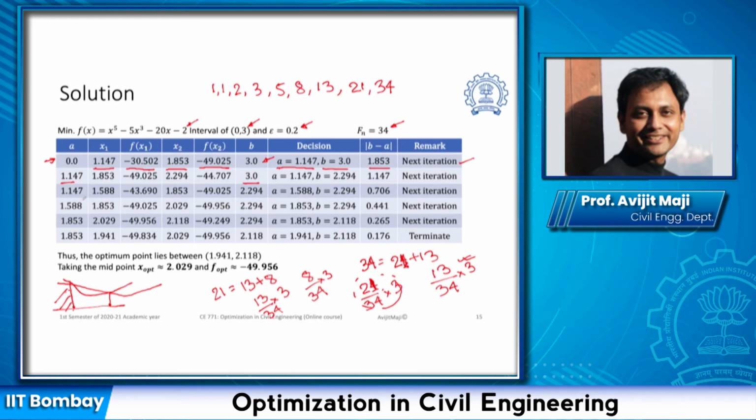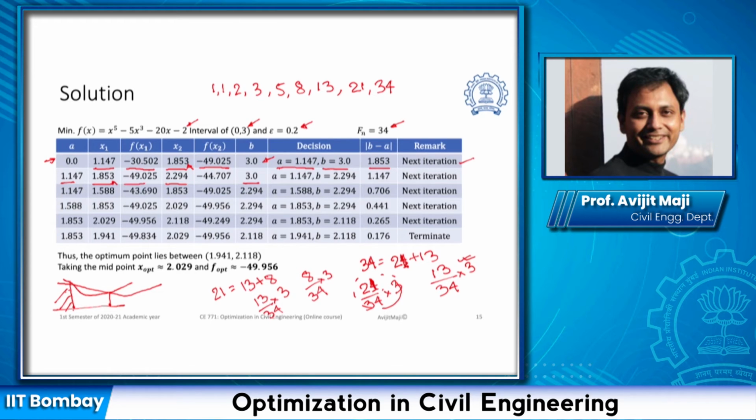So if we estimate those 2 points from the revised boundary, we'll get those 2 points as 1.853 and 2.29. At these 2 points, this particular point is the same point which we had here as x2, hence we do not need to evaluate the function value at that particular point.